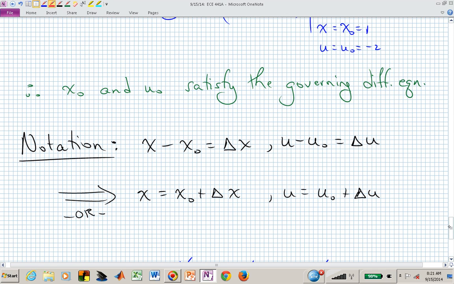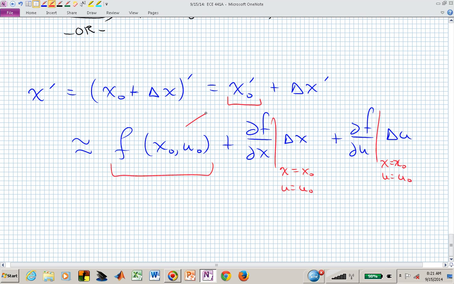Because, whoops, since these two are equal, then we end up with delta x prime is equal to partial of f with respect to x delta x plus partial of f with respect to u, and this is really an approximation, delta u.